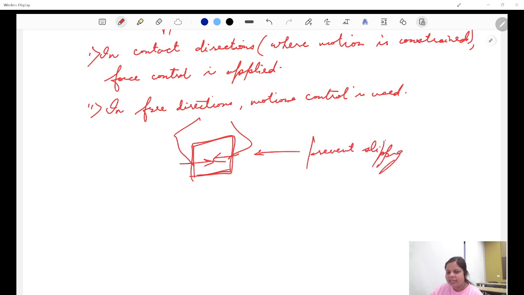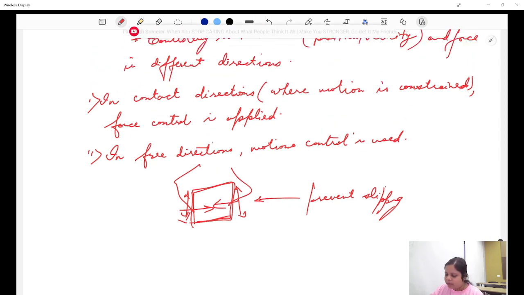Simultaneously you also want to control the motion of the object or fingers, in this and this direction where you want to touch and hold it. That would be motion control.